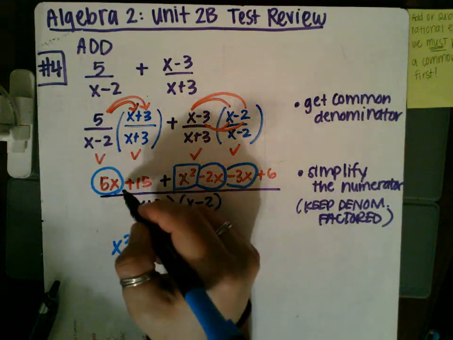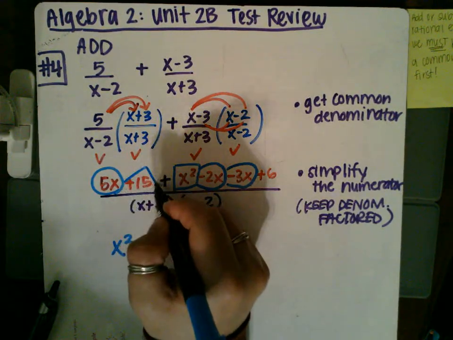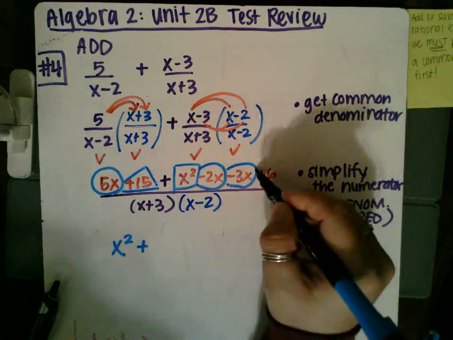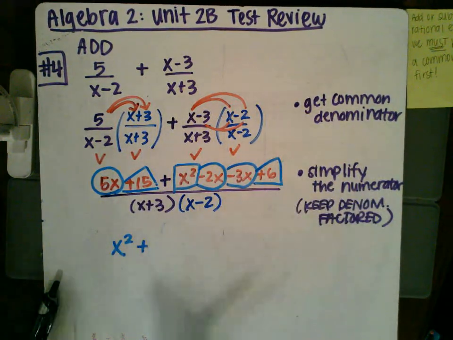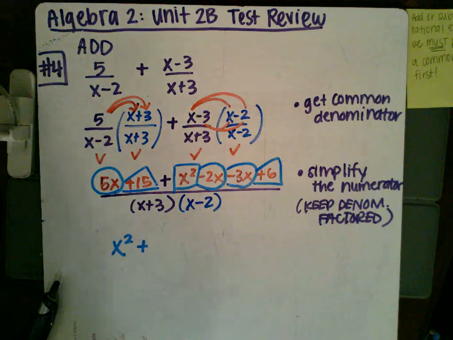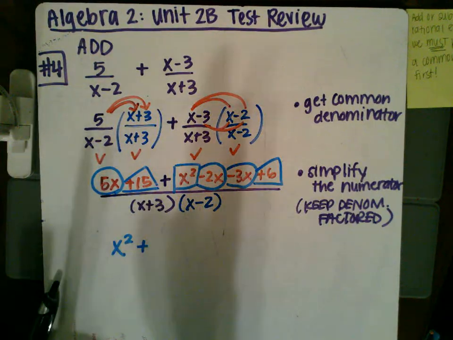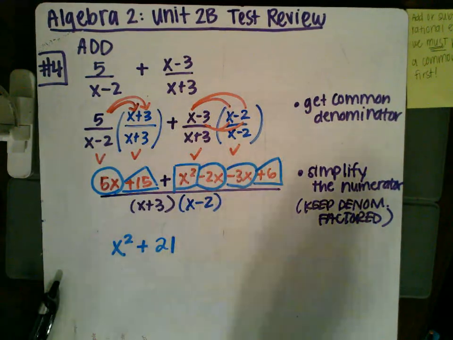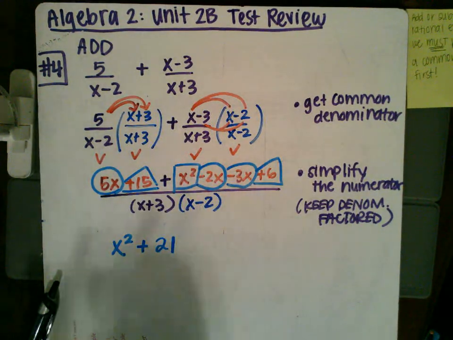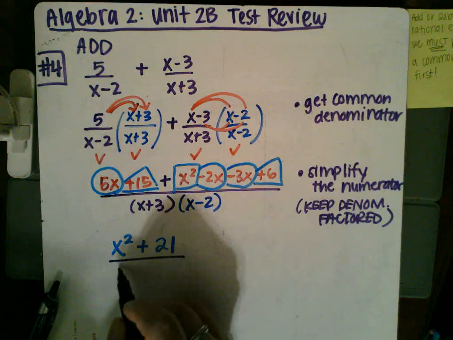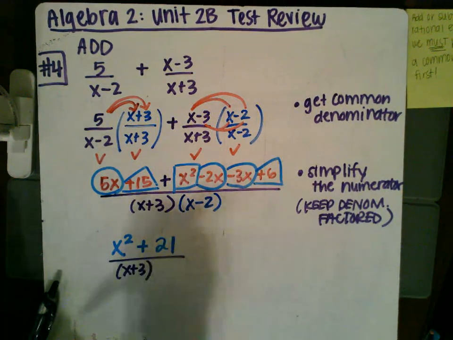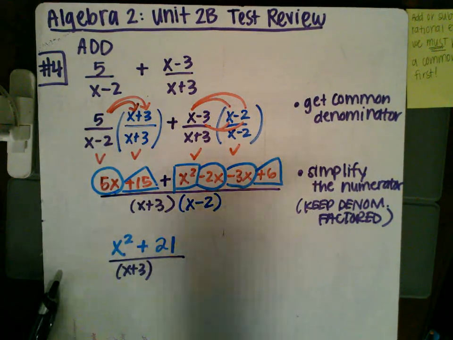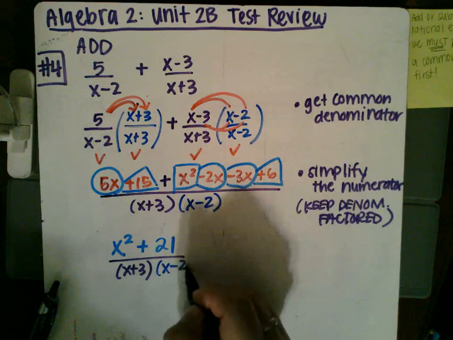Then we got to compare our numbers. So 15 plus 6, 15 plus 6 is 16, 17, 18, 19, 20, 21. What do you know? It's 21. Awesome. All over our denominator, right? x plus 3 times x minus 2.